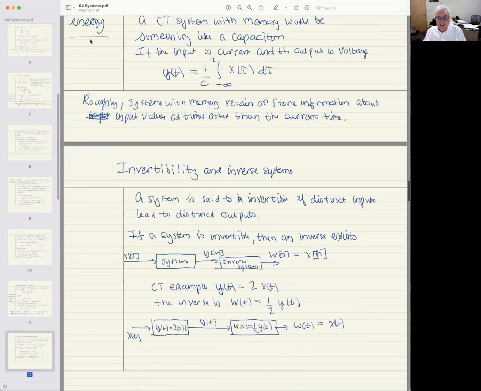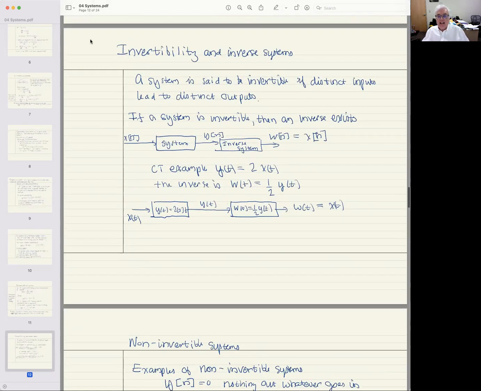Then I go on and I look at invertibility and inverse systems, and basically you can see that I've diagrammed both a continuous time and a discrete time example, with the discrete time coming up later.